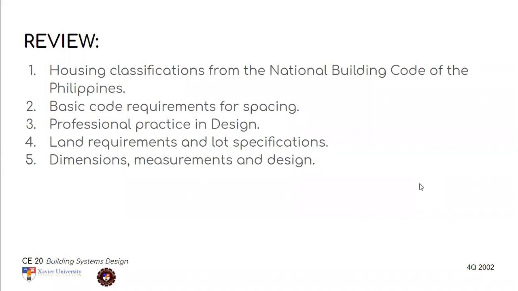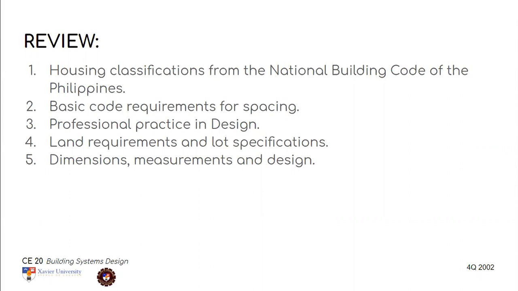As a review, in the previous sessions, we discussed housing classifications, basing it on the National Building Code of the Philippines. Second, we also talked about basic code requirements for spacing that include the minimum floor-to-ceiling heights, the minimum volume of air if you do artificial ventilation or if you do natural ventilation.